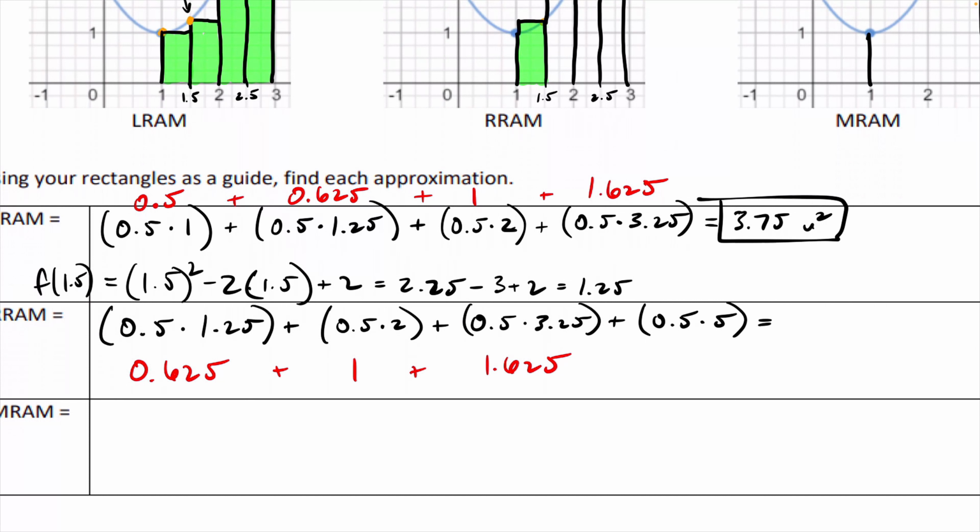The only one that we haven't done is the last one, and it's 0.5 times 5, which is just 2.5. So when you add those all up, you're going to get 5.75. 5.75 units squared.